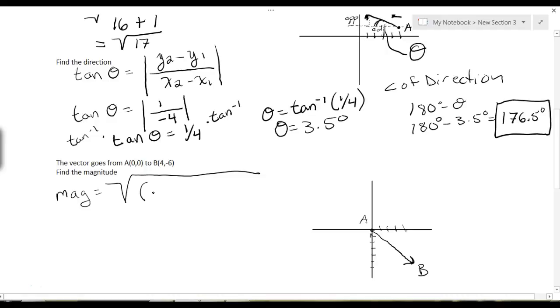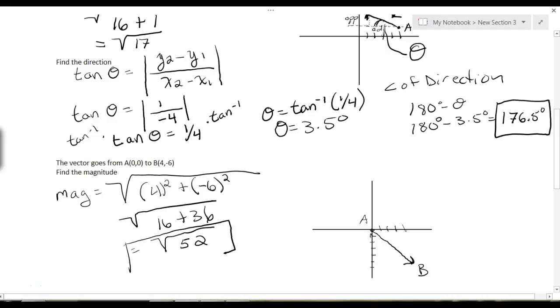So it kind of saves me a little bit of time. So this is just going to end up being 4 squared plus -6 squared. So it's going to equal the square root of 16 plus 36. It's going to equal the square root of 52. So go ahead and leave that like that.